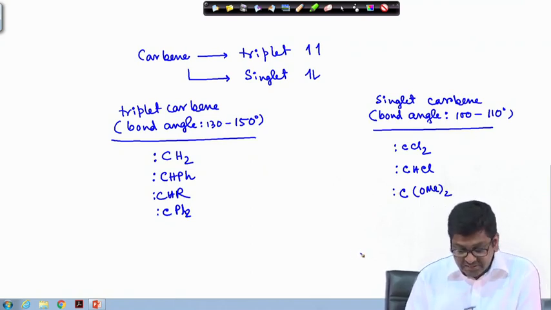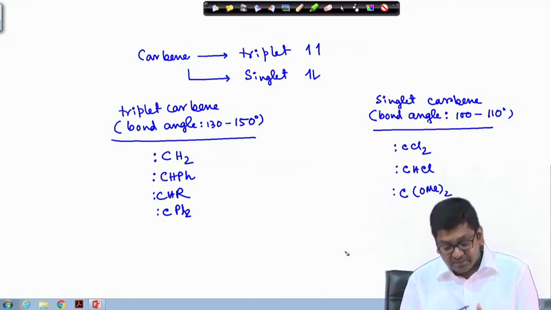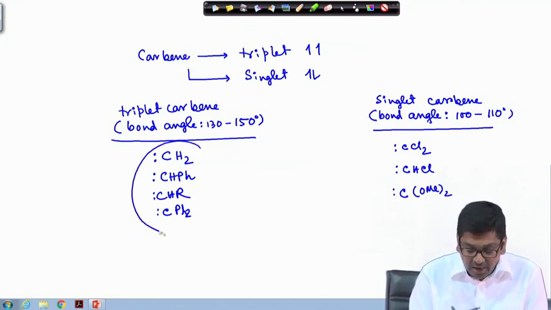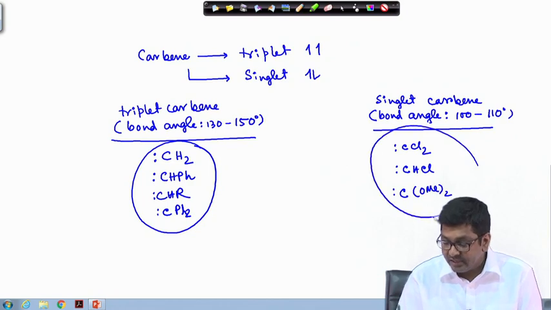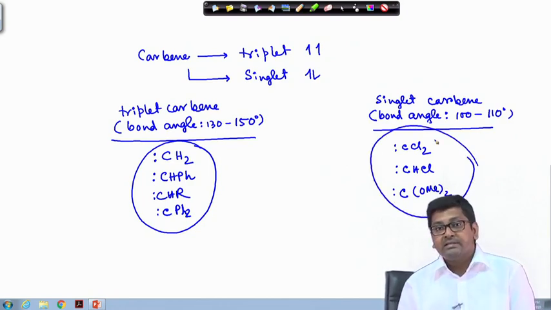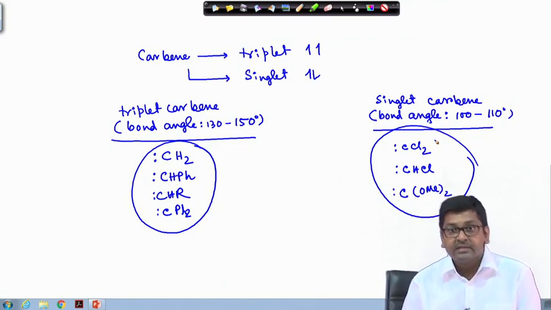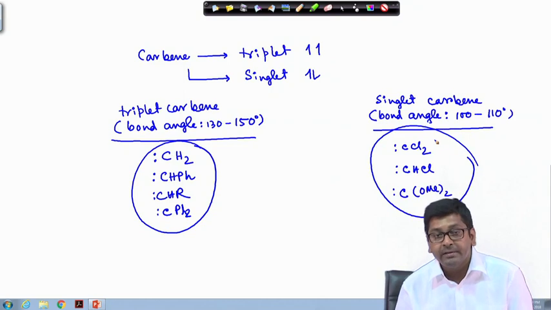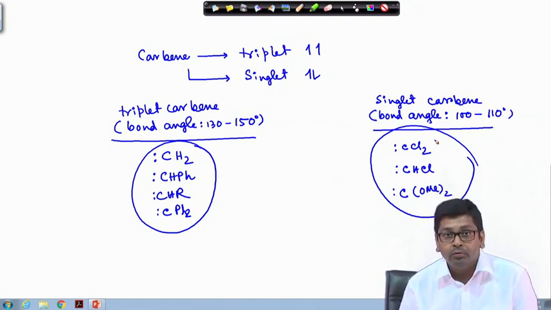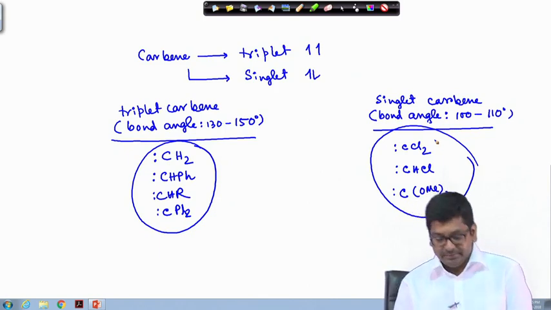Now, the next question is why these are triplet carbenes and why those are singlet carbenes. Even though all these carbenes can be stated as triplet or singlet, why do some of them prefer to be triplet and some prefer to be singlet?